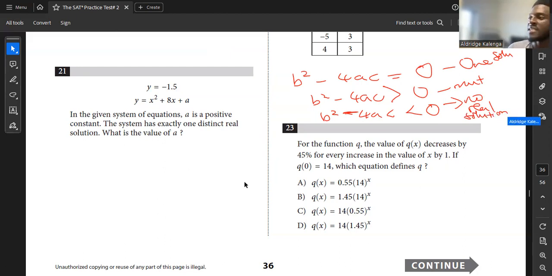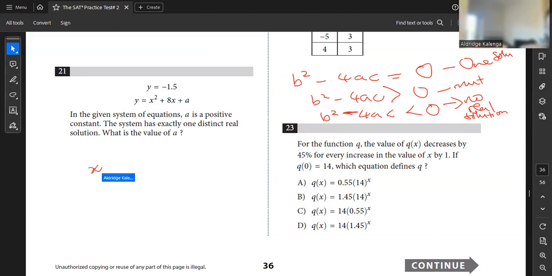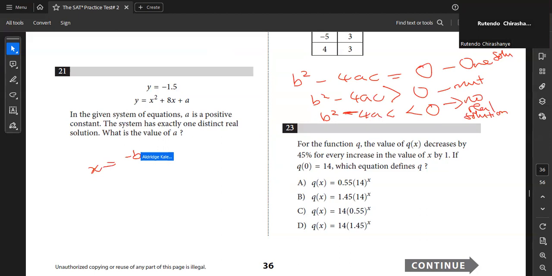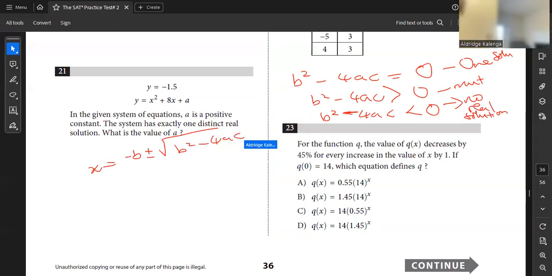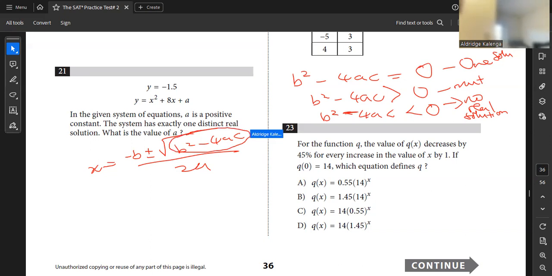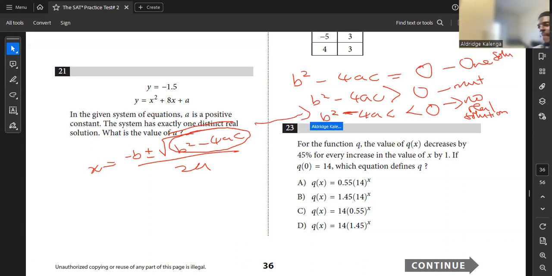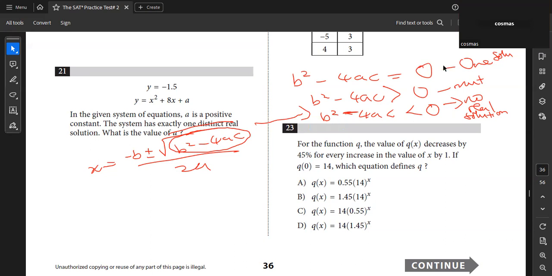If you think about it, this makes sense. Do you guys remember the quadratic formula? Have you guys ever noticed that the quadratic formula is made up of the discriminant? Imagine if this was negative, what would happen? It means we don't have any real solution. So you see where that's coming from? Yeah, exactly. All right, awesome.